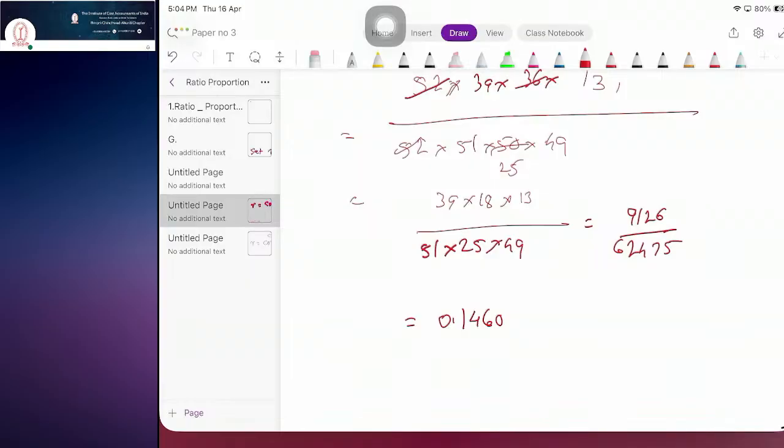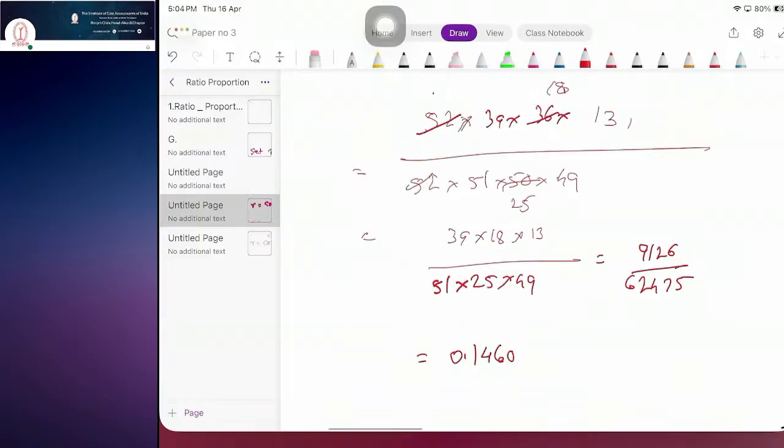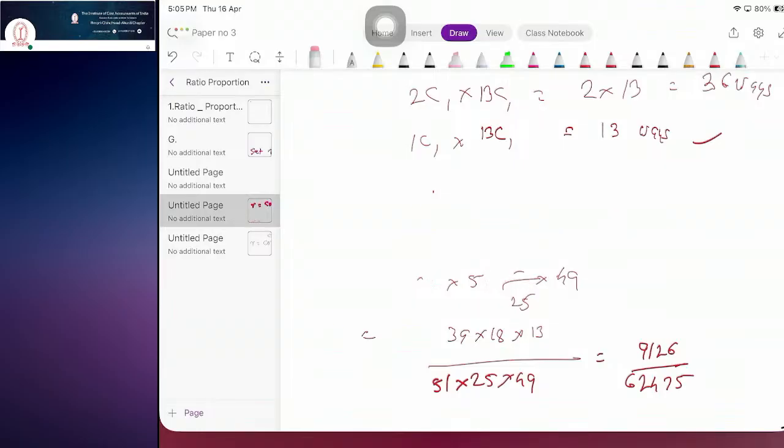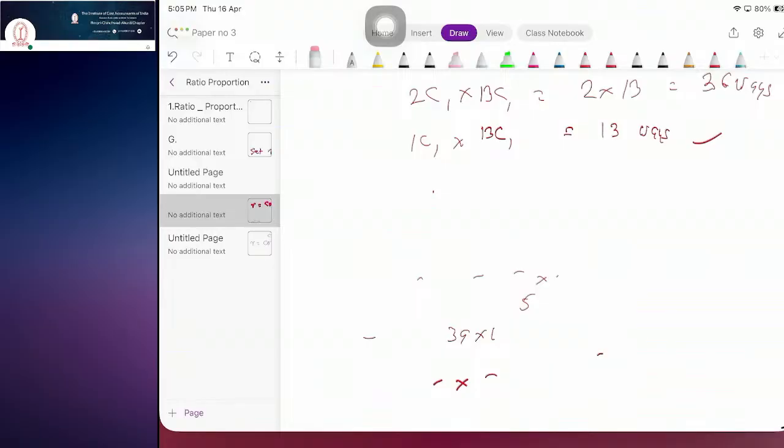That answer is also like this, 0.10. Let's find this value again. 39 multiplied by... the 0.10 answer was correct.